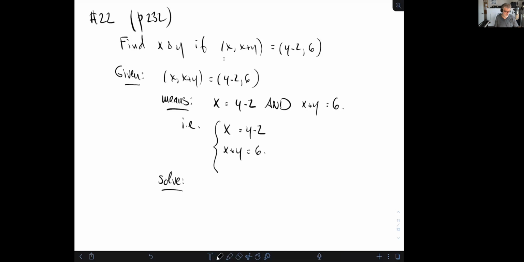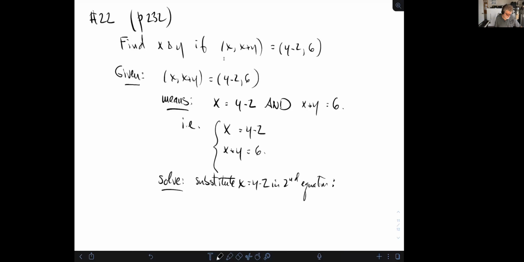I've got x equals y minus 2. So I'm going to substitute x equals y minus 2 in the second equation. Okay.